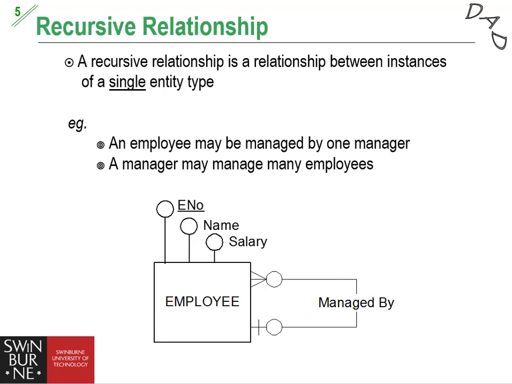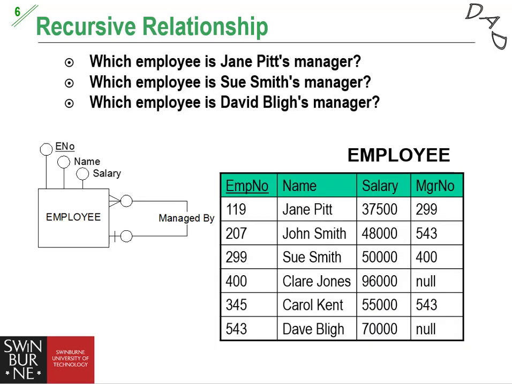So the next question is how we are going to show that in our create table statement. So let's do an example. Now think about this employee table. So we have employee numbers, we have names, we have salaries, and we have manager numbers.